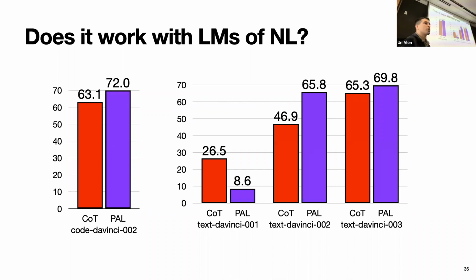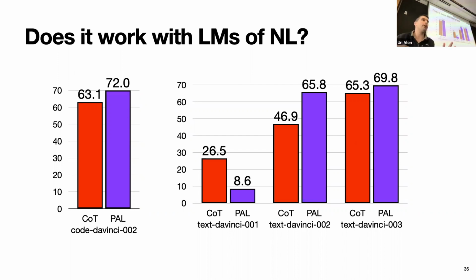And here are the interesting results. When the base model is weak enough, or maybe its coding ability is weak enough, chain of thought does perform better than PAL. But once the model has a strong enough coding ability, PAL becomes better and better until with the TextDaVinci 3, PAL is better than chain of thought, and the results using PAL are close to the results using the CodeDaVinci 2.